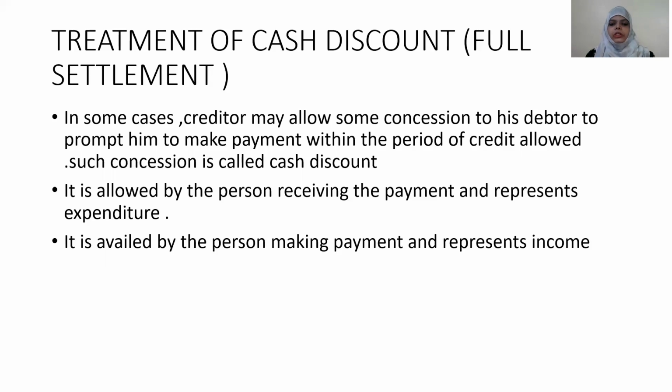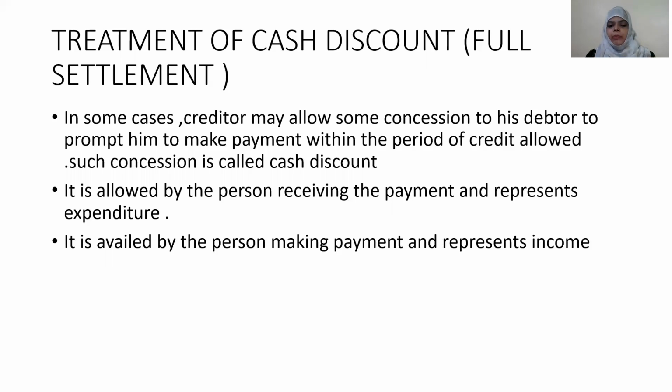It is allowed by the person receiving the payment and represents expenditure. Obviously, the creditor is receiving the payment, and it represents an expense. You have given goods of rupees 10,000 to someone and you are receiving rupees 9,000. It is an expense or expenditure only.